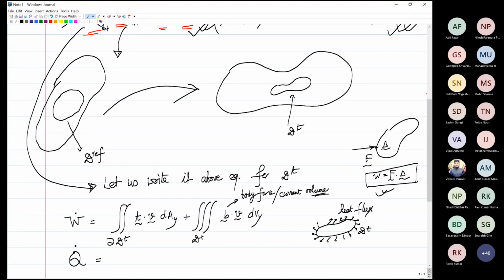By means of conduction, for example, isn't it? So this could be by means of conduction if it's an internal surface. And if it were the external surface of the entire body, then it could be by means of convection, right?